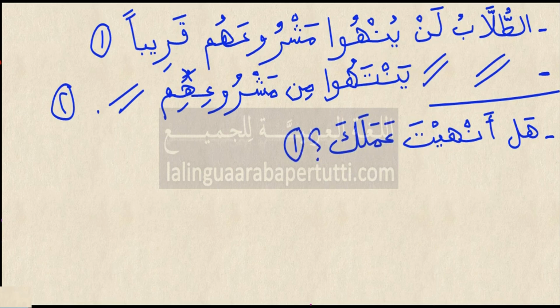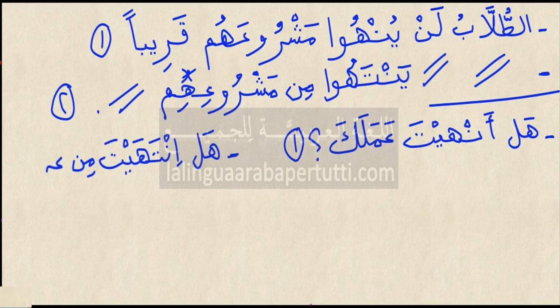I have the object, so I can use also the other possibility. هل انتهيت من عملك. And this is the possibility number two. هل انتهيت من عملك. Okay, let's go to the sentence number three.